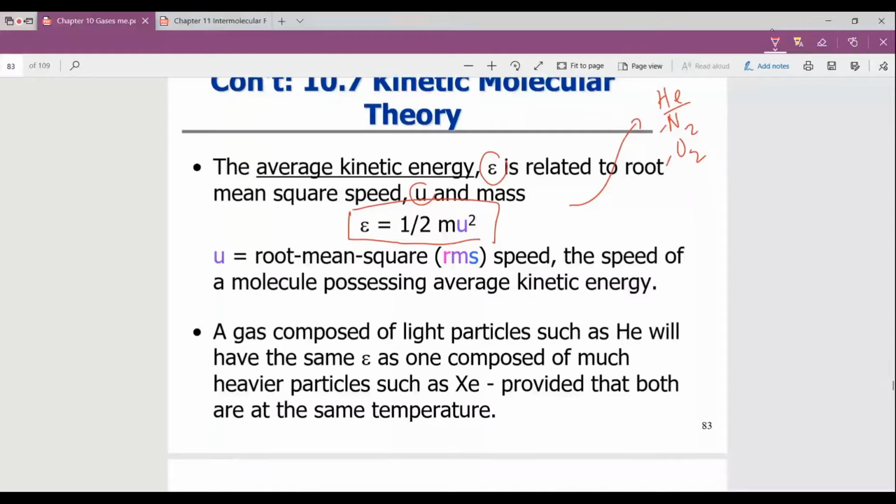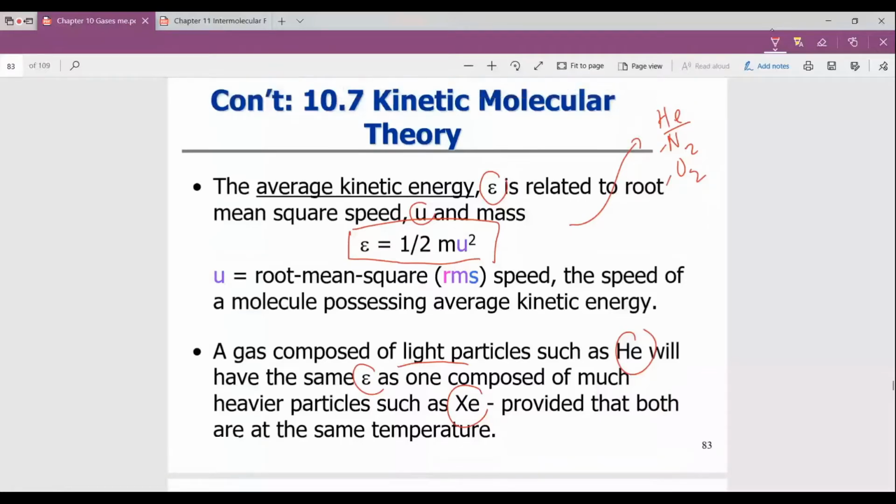So we can see this from here. A gas composed of light particles like helium will have the same average kinetic energy as a gas composed of much heavier particles, here given as E, but I give you the example N2 and O2. So molecular kinetic energy of a gas increases with increasing molecular weight and temperature.